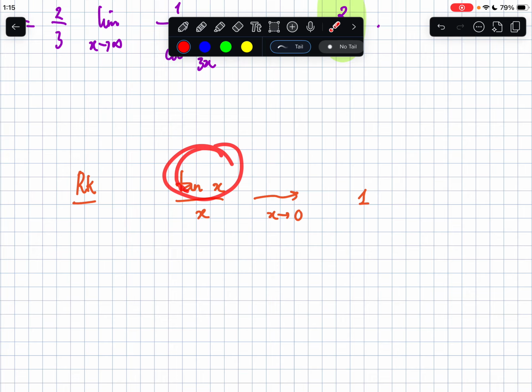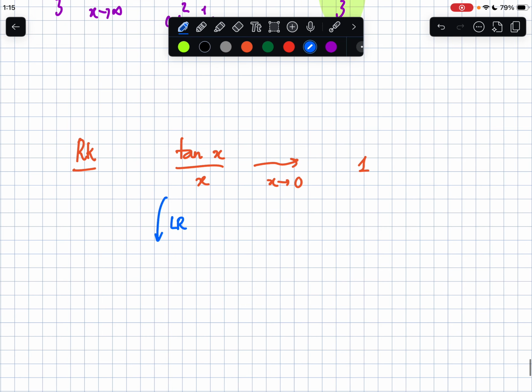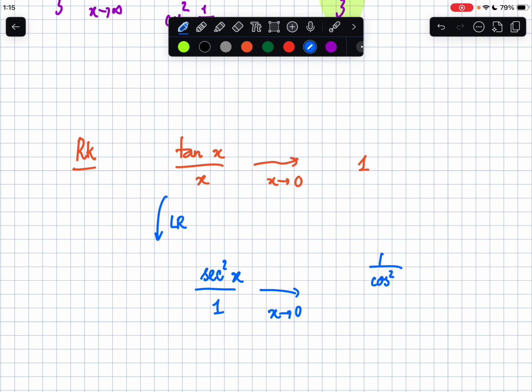Tangent 0 over 0, it's 0 over 0. You can do L'Hopital's rule. By L'Hopital's rule, we have the limit of tangent prime, secant squared, over 1, where x still tends to 0. Secant is 1 over cosine, so it's 1 over cosine squared x over 1. As x tends to 0, this one tends to 1. That explains why this one tends to 1.